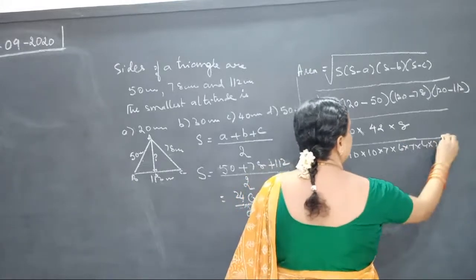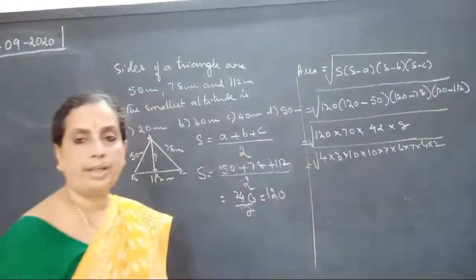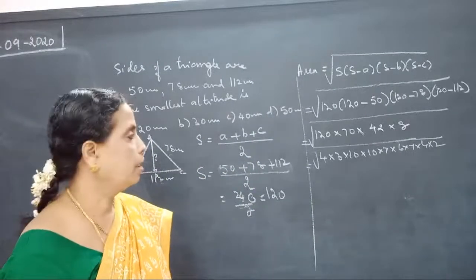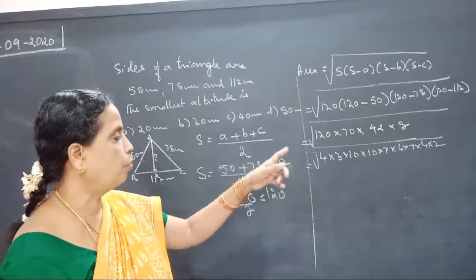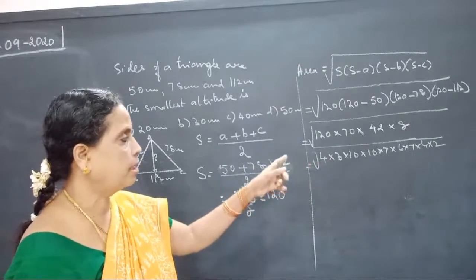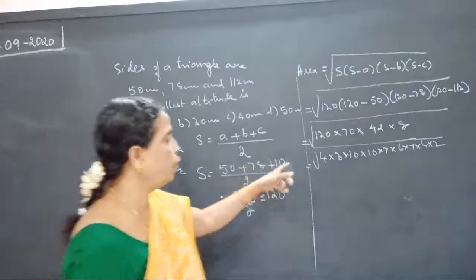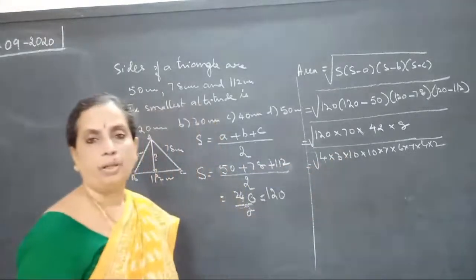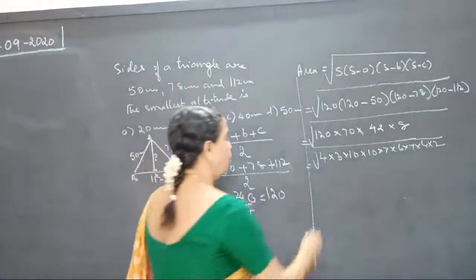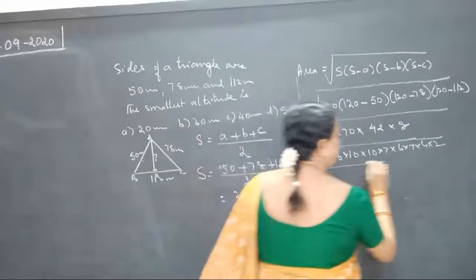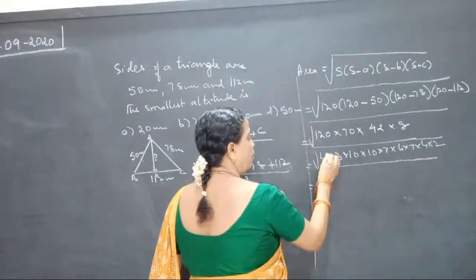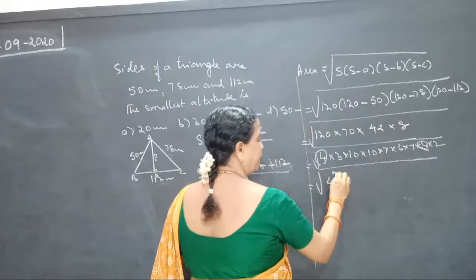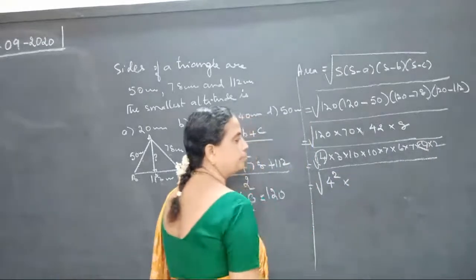Like this, I made the product of each number so that the numbers could be paired up. 7 6s are 42, 4 2s are 8, 10 7s are 70, 4 into 3 is 12, 12 into 10 is 120. Now your next part is to pair up the terms. We have 4 multiplied 4 two times, I will write it as 4 square.